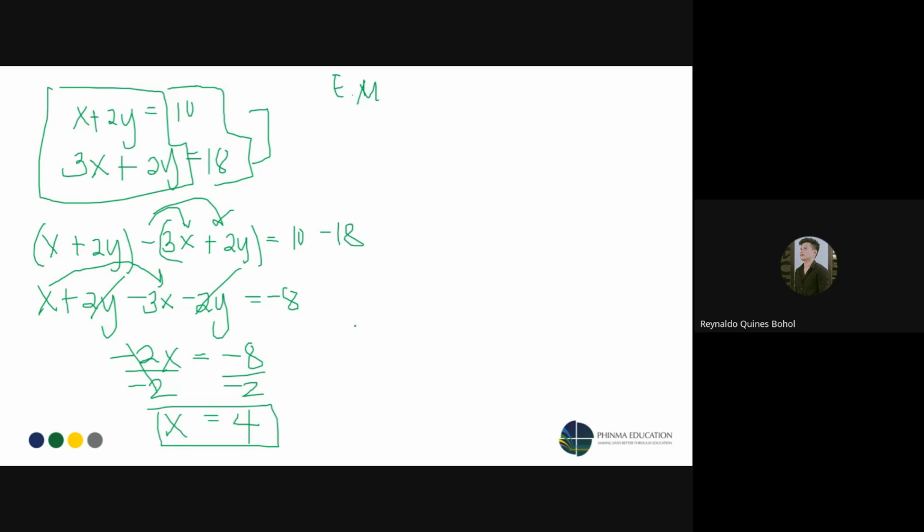So, our x coordinate for point of intersection is 4. Now, next is your y. Anong ginagawa natin dito? Pipili tayo ng isang equation dito para makuha natin yung y coordinate. So, ang pinili ko ay x plus 2y equals 10. Then, yung x daw is 4.